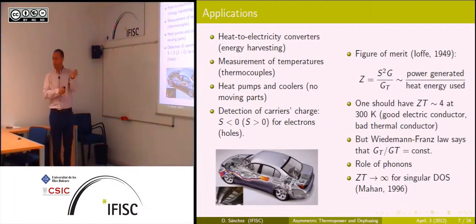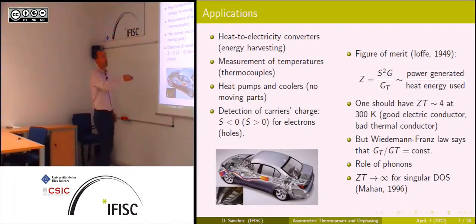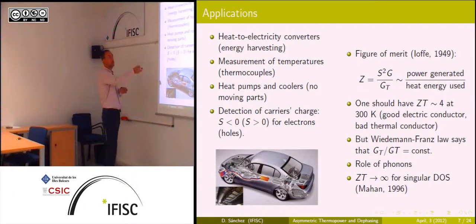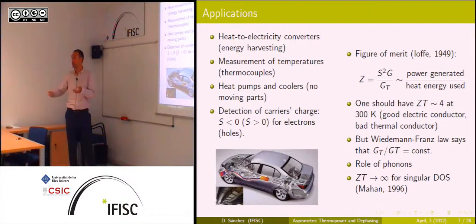But there is more bad news, because so far I have considered just charges, electrons or holes. These of course contribute to the electric conductance, but we also have the thermal conductance, and in your metal usually you also have phonons. Phonons do not carry electric charge, but they do contribute to the thermal conductance because they can carry energy.